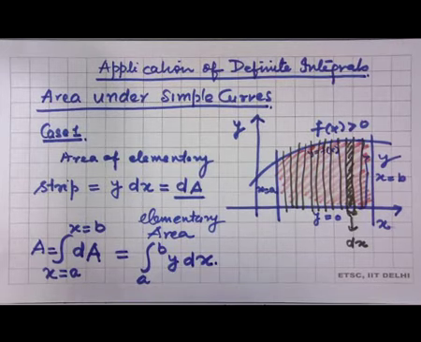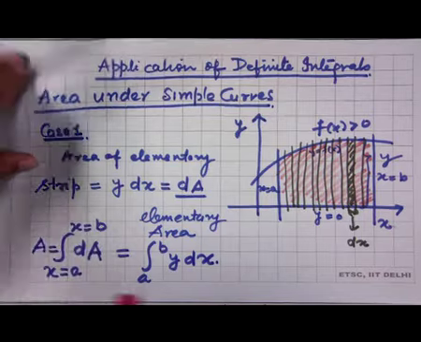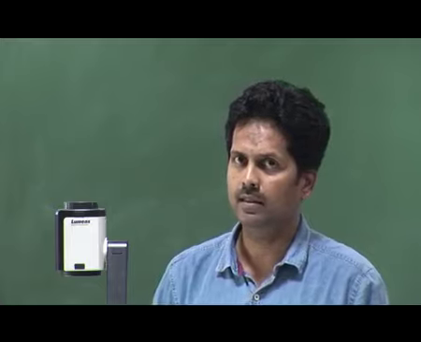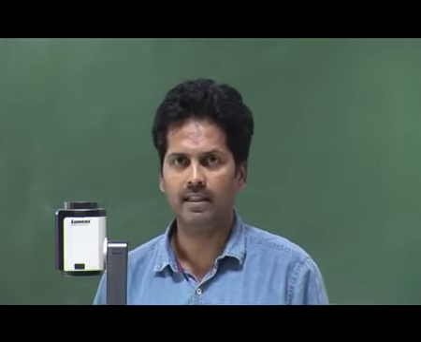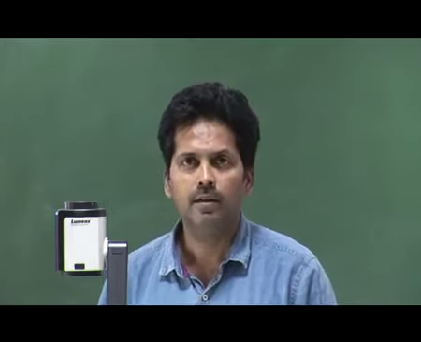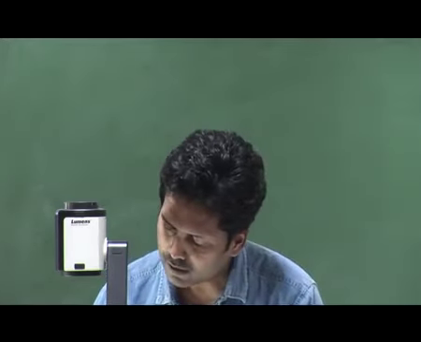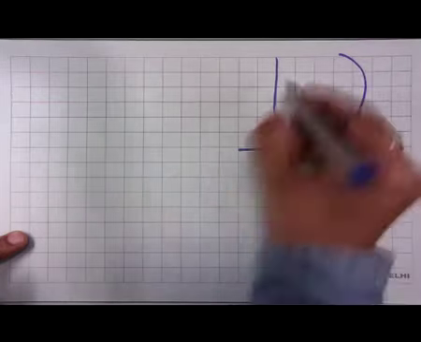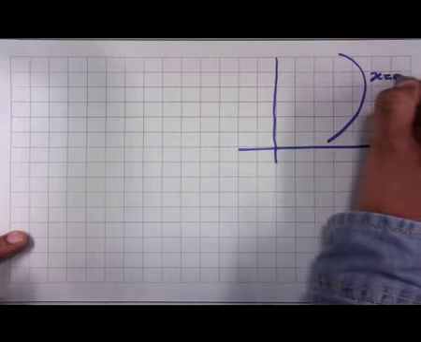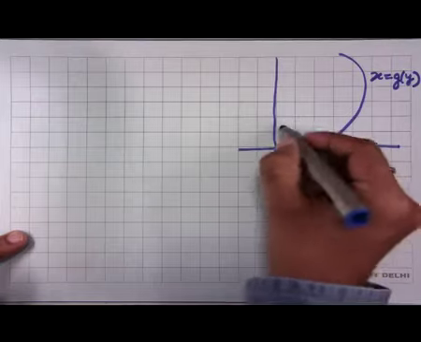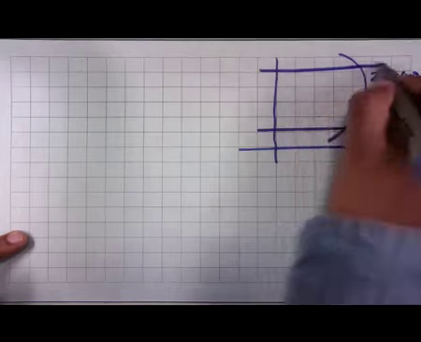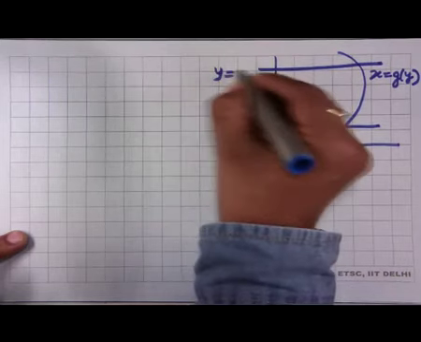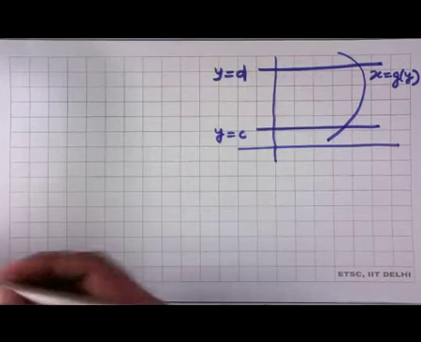Now there are cases where this trick will not work. For example, if you have a curve like this where x is given in terms of y and the area is bounded between two horizontal lines, say y equals to c to y equals to d, then how will you evaluate the integral?